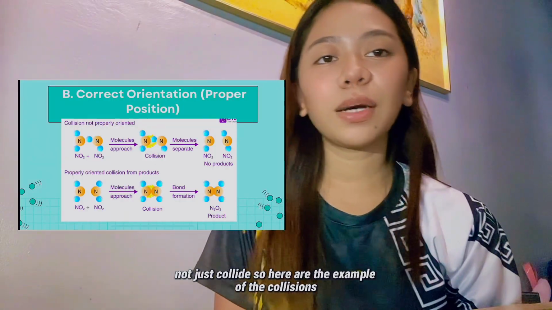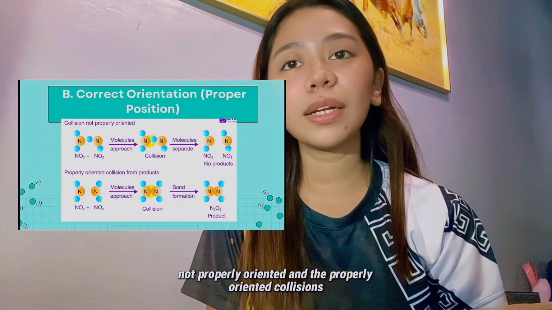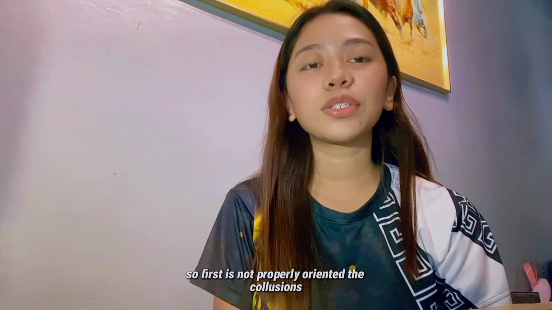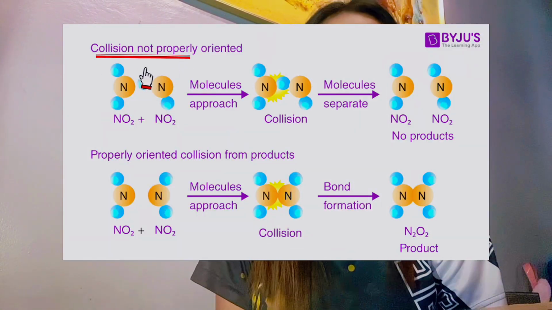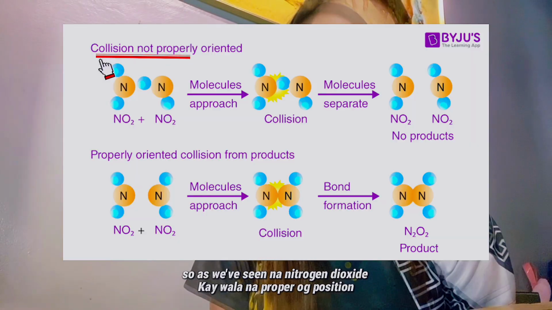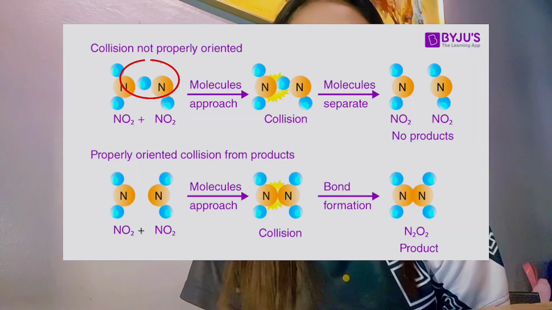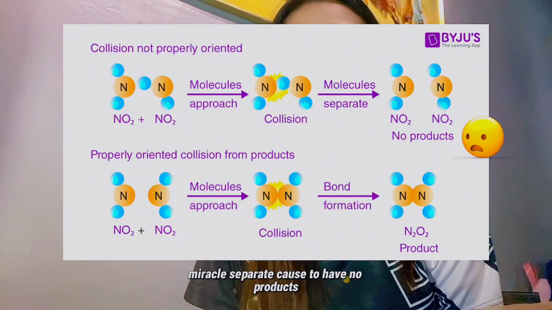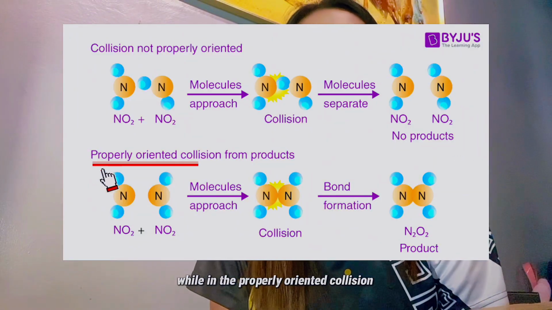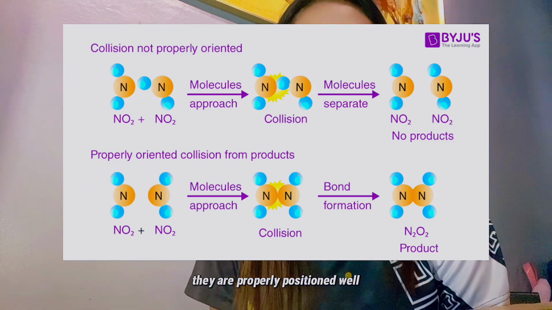So here are examples of the collisions not properly oriented and the properly oriented collisions. First is the not properly oriented collision. As we've seen, the nitrogen dioxide has no proper position, and when the molecules approach, the molecules separate, which causes no products. While in the properly oriented collisions, they are properly positioned.